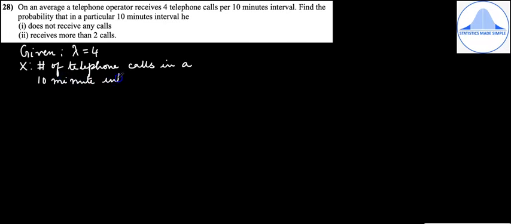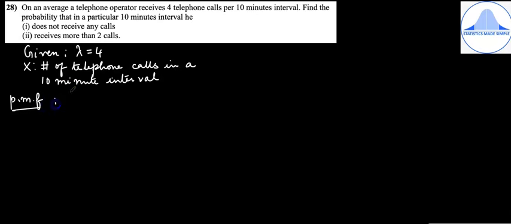Lambda is equal to 4. Next, define x as number of telephone calls in a 10-minute interval. Then we define the PMF of the Poisson distribution.